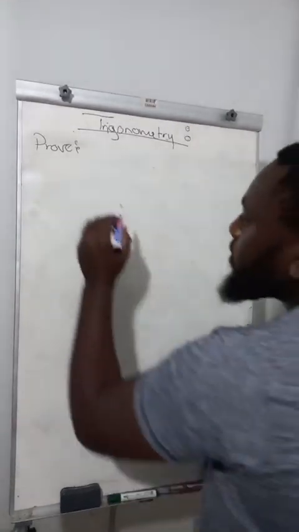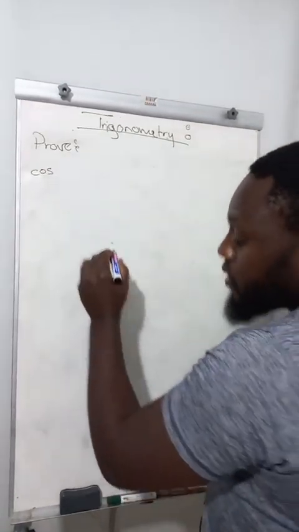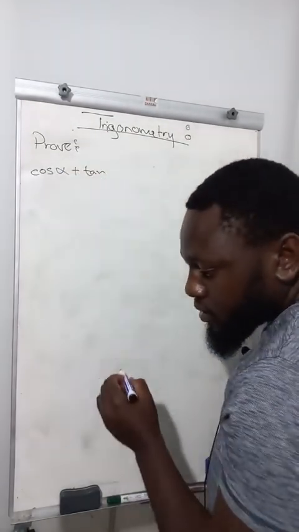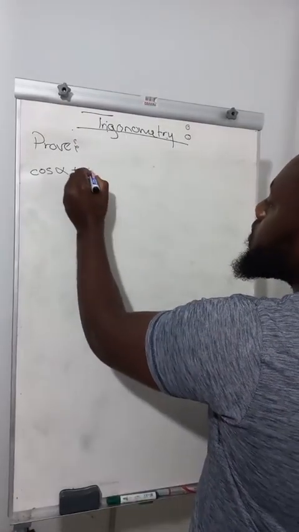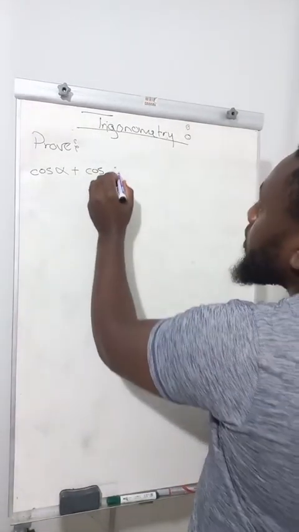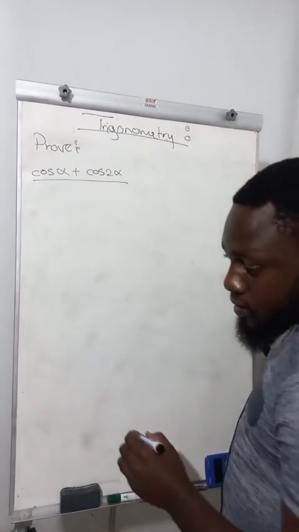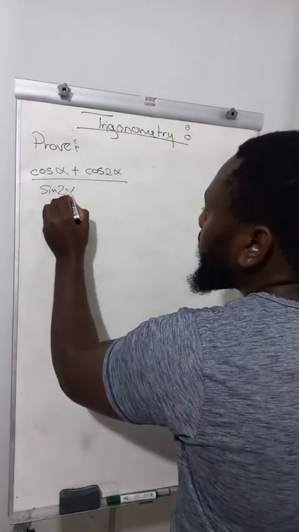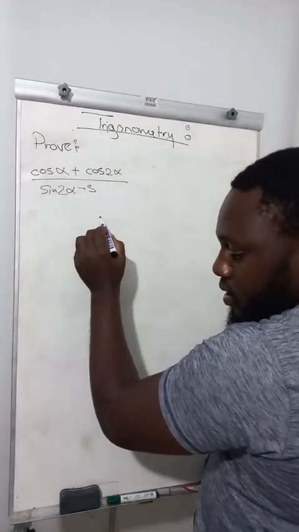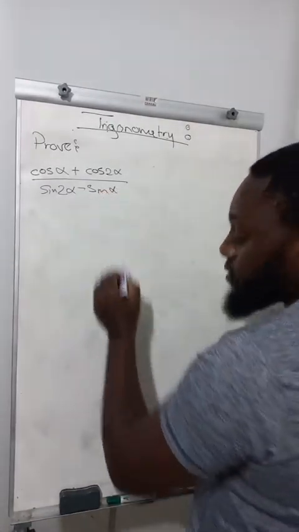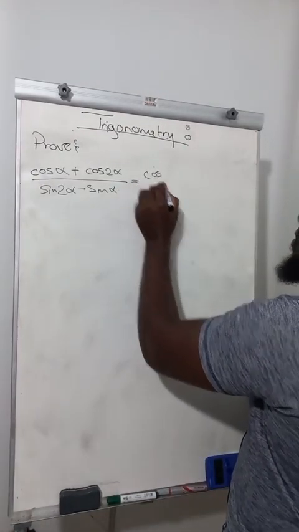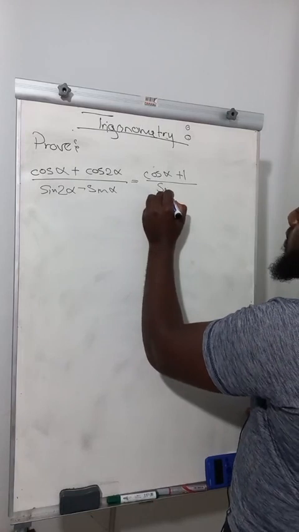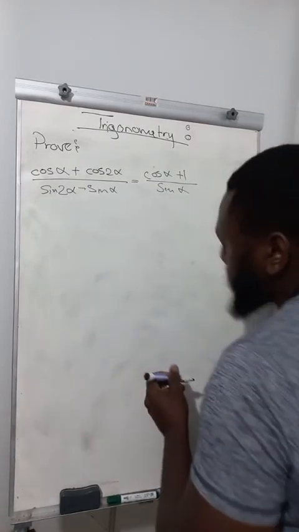They're saying you have cos alpha plus cos 2 alpha, all divided by sine 2 alpha minus sine alpha, and this is equal to cos alpha plus 1 divided by sine alpha.